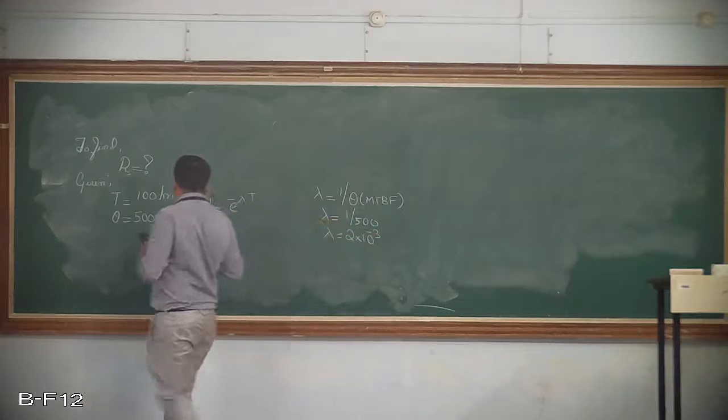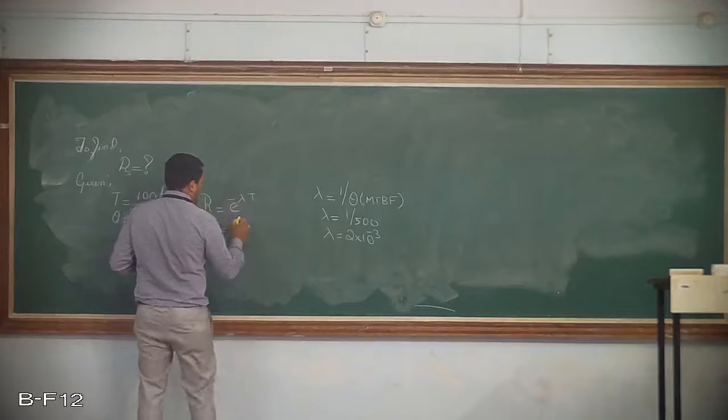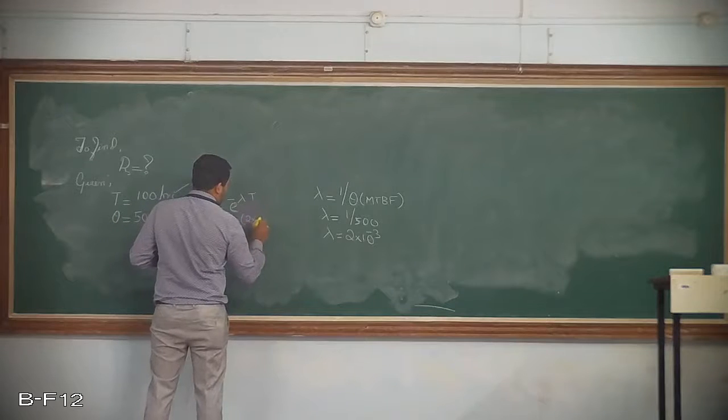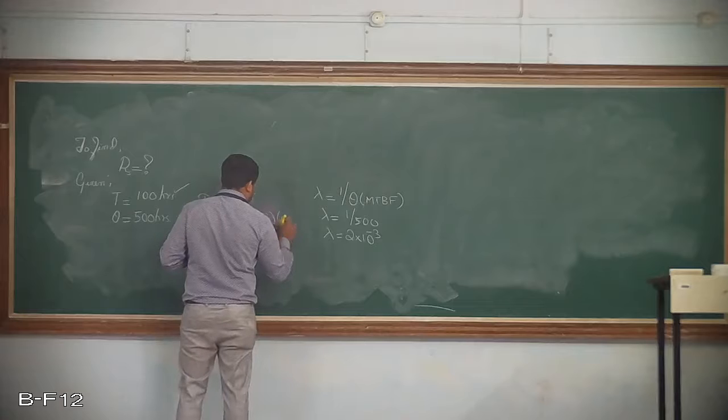I just replace this over here, that is R is equal to e raised to minus 2 into 10 raised to minus 3 into t, and t is given as 100.